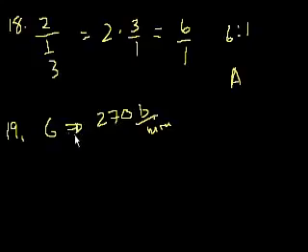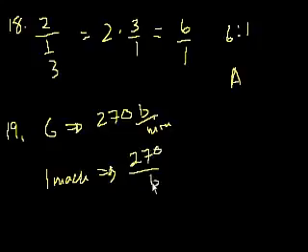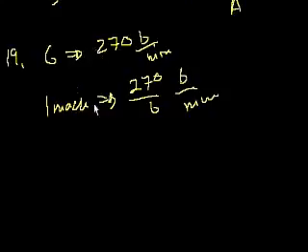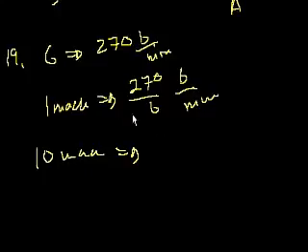Okay, so how much does each produce per minute? One machine will produce 270 divided by 6 bottles per minute, right? I just divided both sides by 6. 6 machines produce that. So 10 machines would produce 10 times as many per minute.